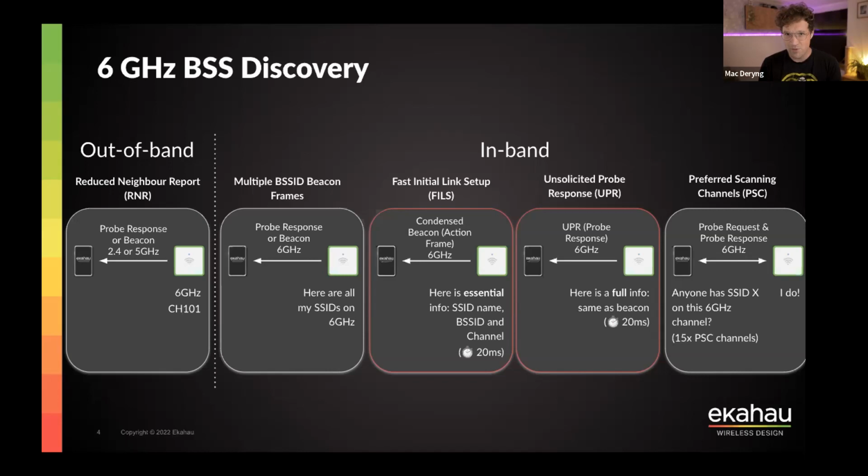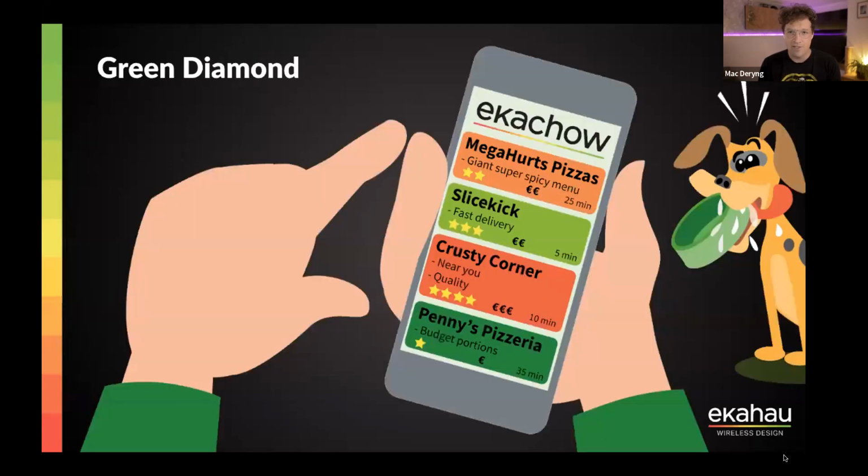We probably won't be able to stick to 80 megahertz, so we will have to rely on the RNR to discover our 6 gigahertz radios. Okay, and I think that's enough when it comes to 6 gigahertz discovery. Let's move on to what happens next after our station discovers all the radios it can connect to.